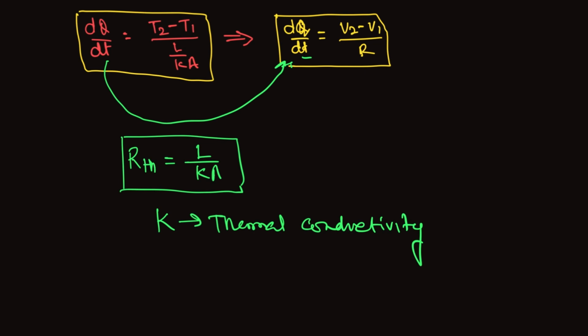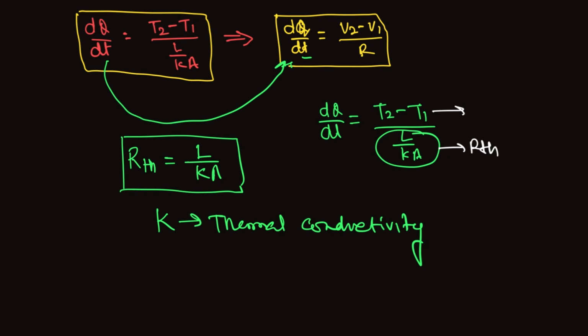So we can write this formula properly: dQ/dt is equal to (T2 minus T1) divided by L/(kA). Now what is L/(kA)? That is the thermal resistance. What is T2 minus T1? Temperature difference. And dQ/dt is the heat current.